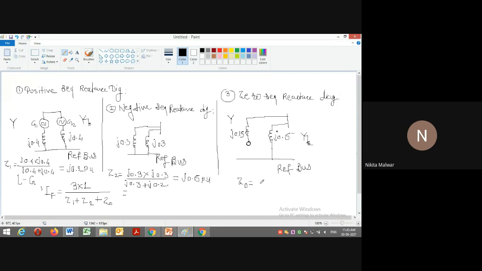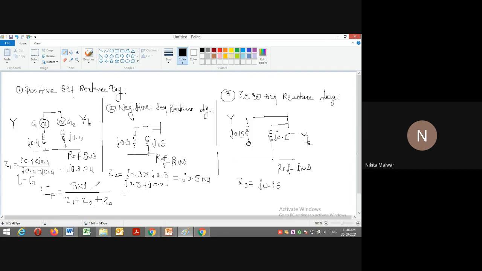So Z0 will be considered as J0.15. Why have we considered only J0.15 here? Because generator 1 is isolated from the reference bus, and the zero sequence impedance relates to the reference bus. Only G2 is connected to the reference bus and its value is J0.15. That's why Z0 equals J0.15.